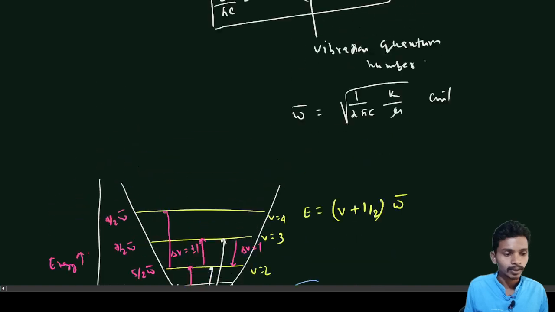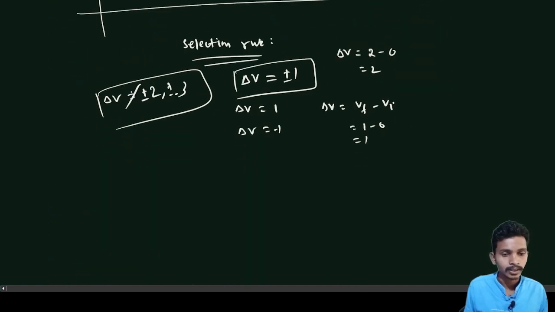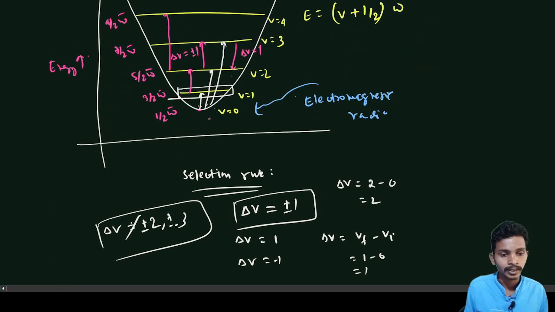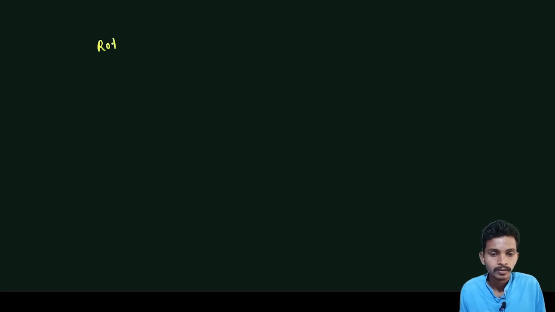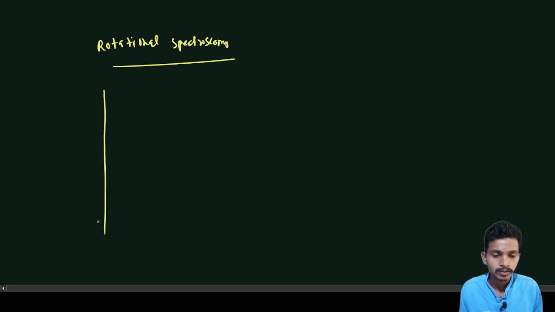Okay, now one more interesting thing we got here is that whenever I draw both of them, for rotational spectroscopy, the energy levels, how we draw rotational spectroscopy we already discussed.